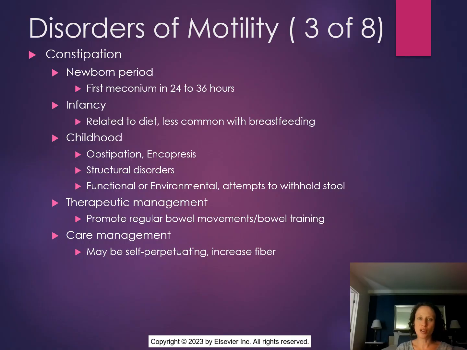So you see that under childhood structural disorders. We're going to go into that in a second. What we're going to talk about right now is just the fact that you might have kids that have functional or environmental constipation. So basically that's idiopathic. We can't figure out what caused it.